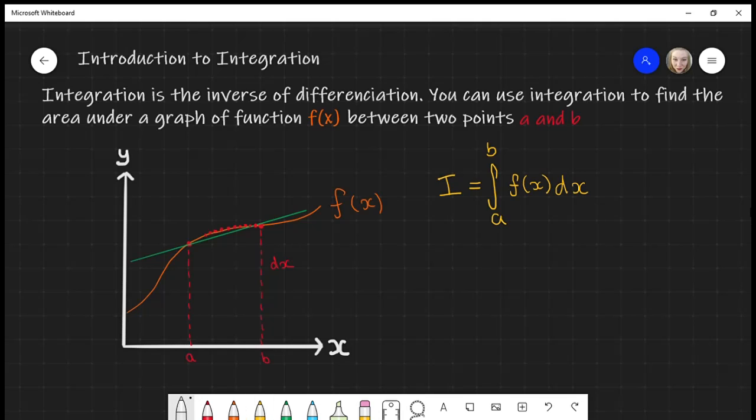We know from a previous video that if we have an equation y equals x to the n, then its differential would be n x to the n minus 1. Since integration is the inverse of differentiation, we can look at this and find the expression that we need to use if we had to integrate an expression of x to the n.